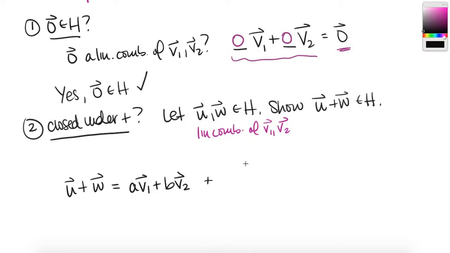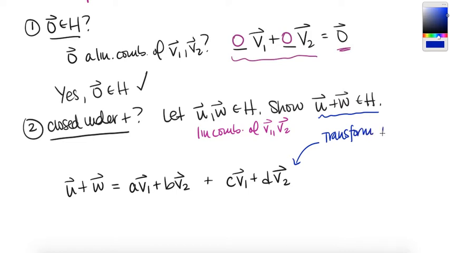And then w is some other linear combination, so maybe that's c v1 plus d v2. The goal here is to get u plus w in H. So what we need to do is transform this into a linear combination of v1 and v2. We need it to look like something times v1 plus something times v2, and the way we're going to do that is by using our vector space properties.